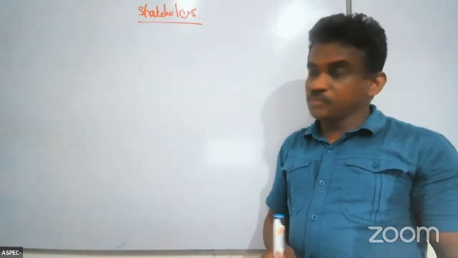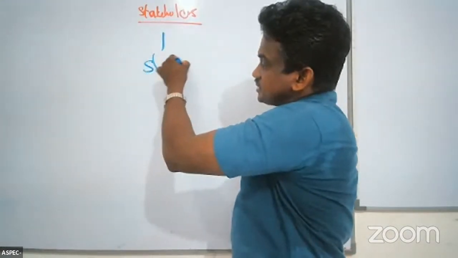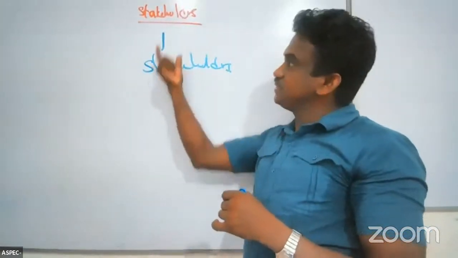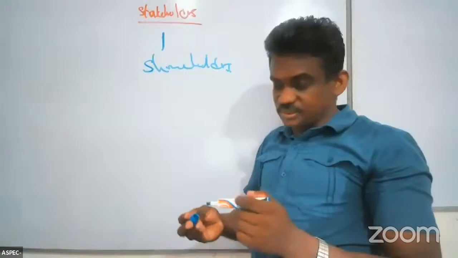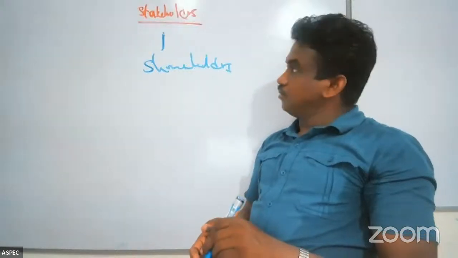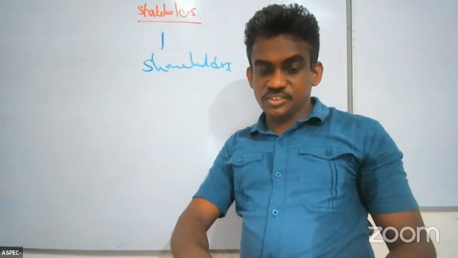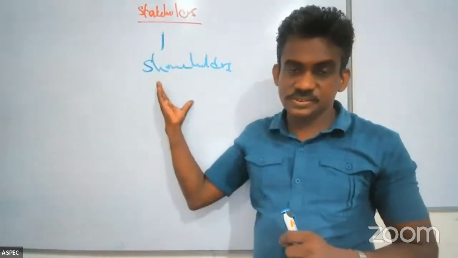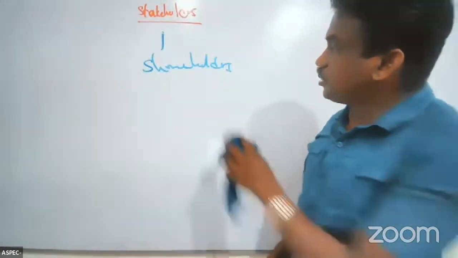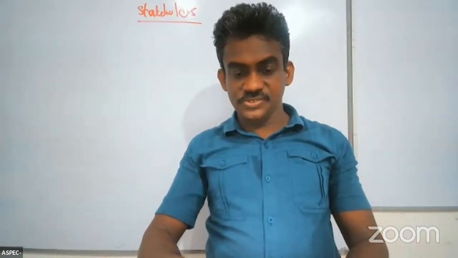Therefore, shareholders are also stakeholders of the business. There is a difference, right? Shareholders means owners of the business, and they are also stakeholders of any business. Get the idea about that. They are not the same, they are different.